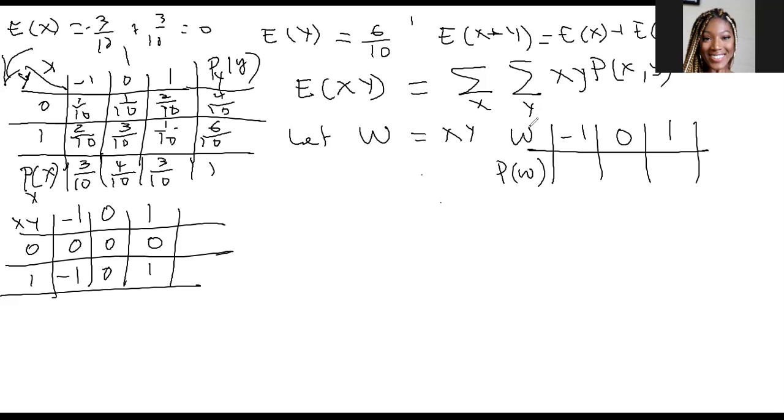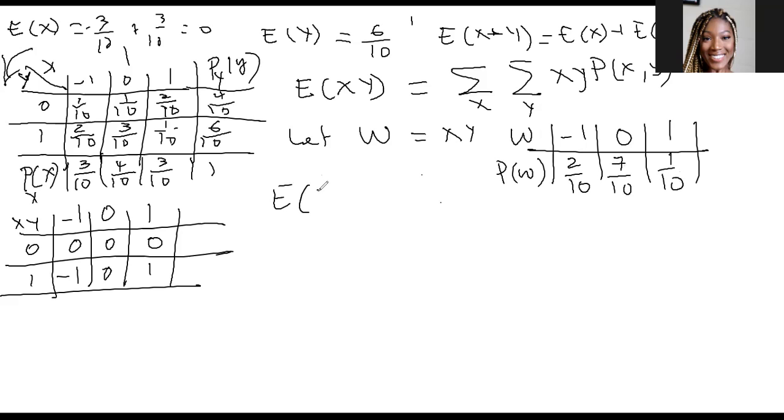What is the probability that the product of the two values is negative 1? 2 over 10. What is the probability that the product will be 0? So do we all see where he's getting it from? And then the product will be 1.